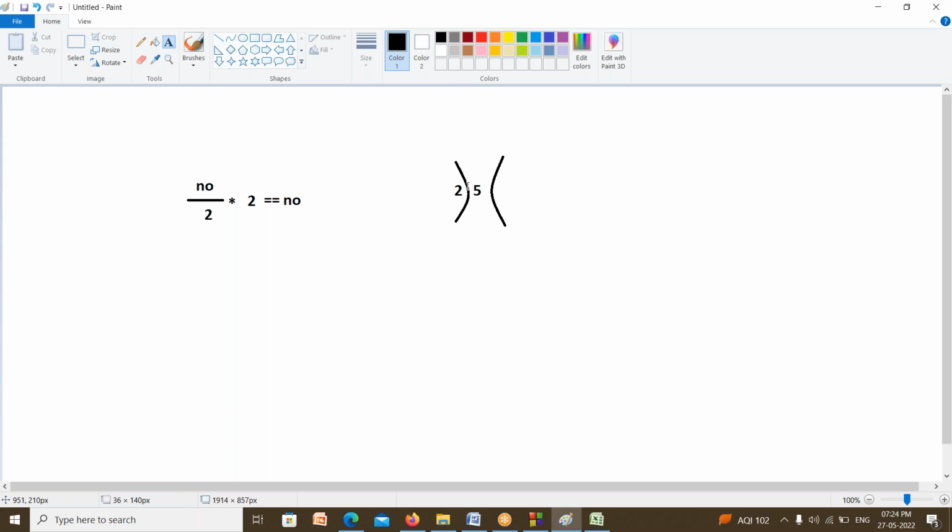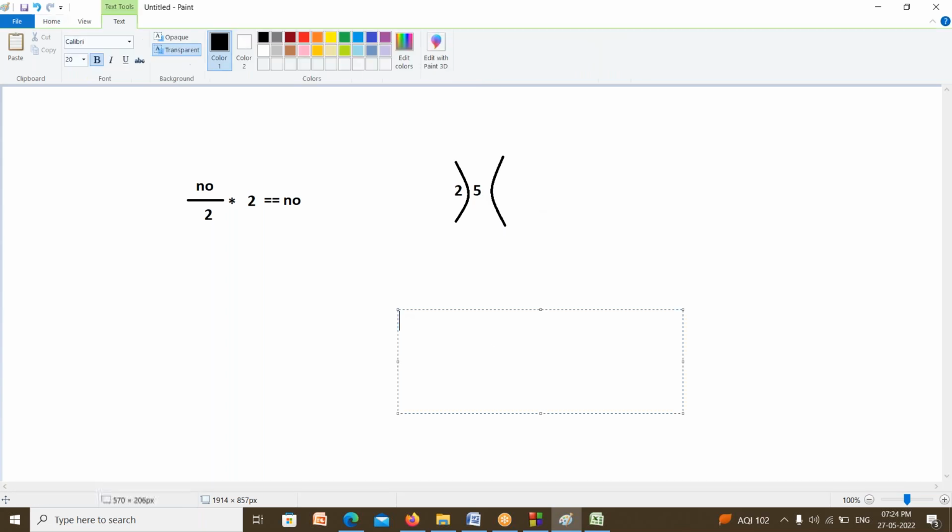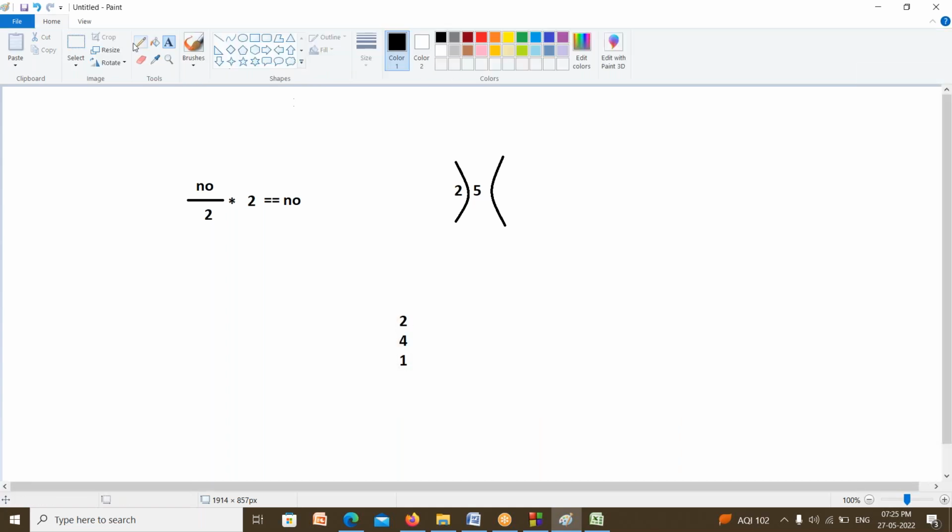In 5, how many times will 2 go? 2 will go 2 times. 2 2s are 4. Now 1 is the remainder. What is 1 here? 1 is the remainder.